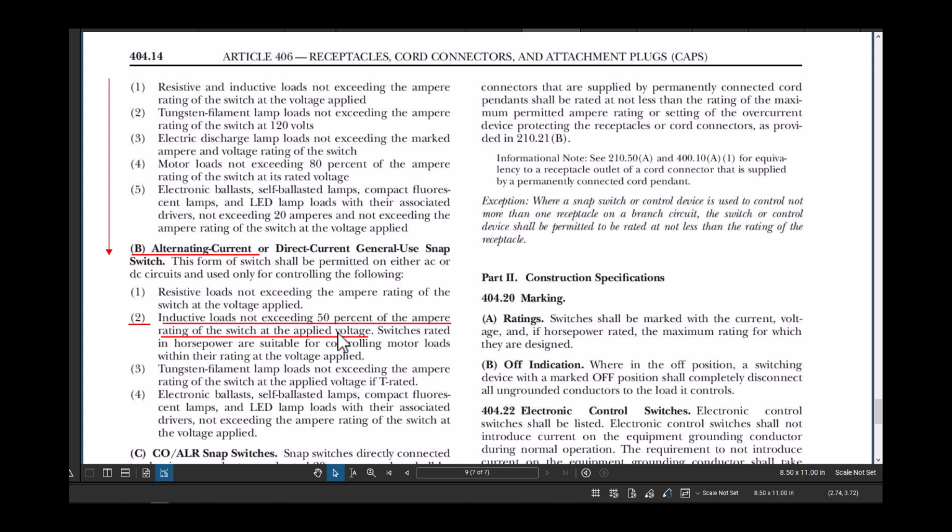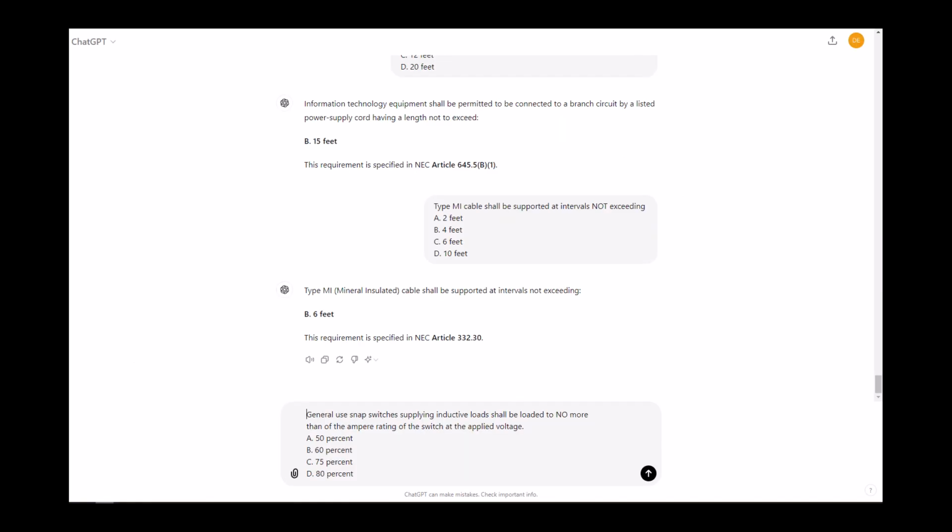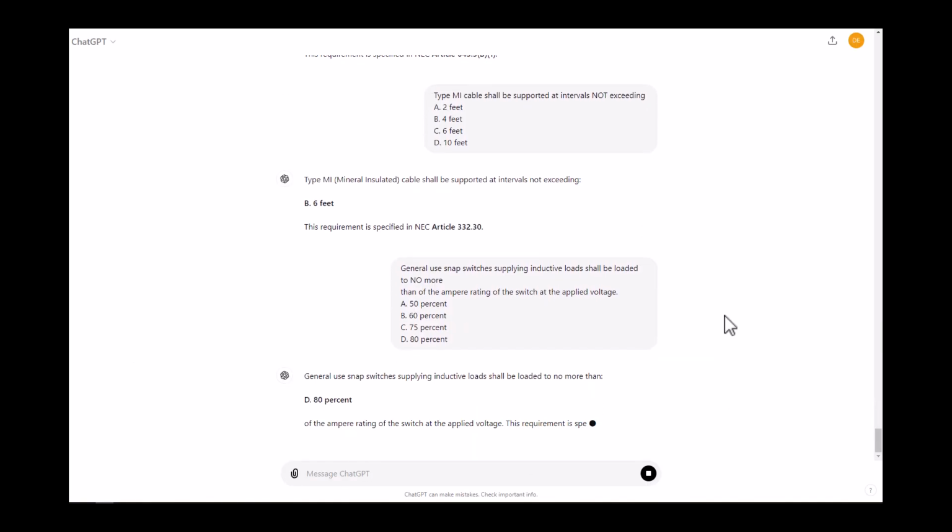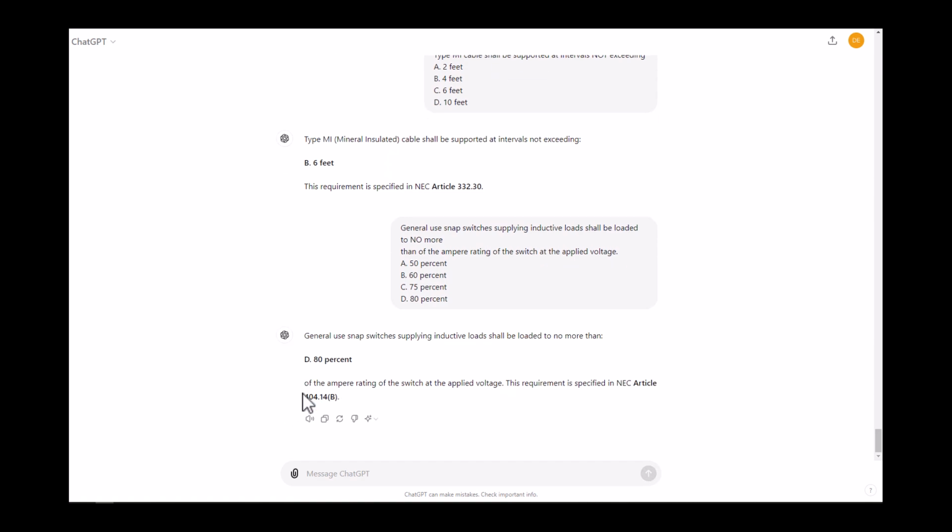Let's go to ChatGPT and see what we have. I already put the information in. It says 80%, which is wrong, and it refers us to 404.14(B). As I said, you can go through, make a correction, and ask about the article to find the answer.